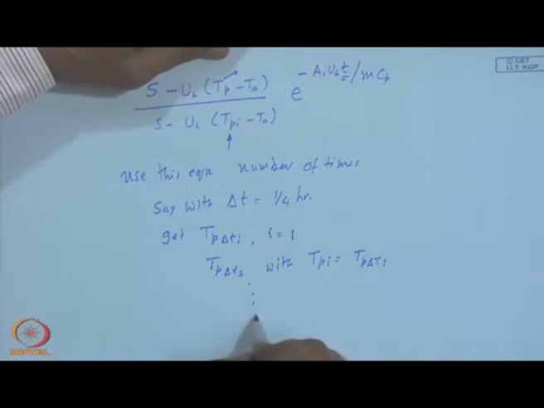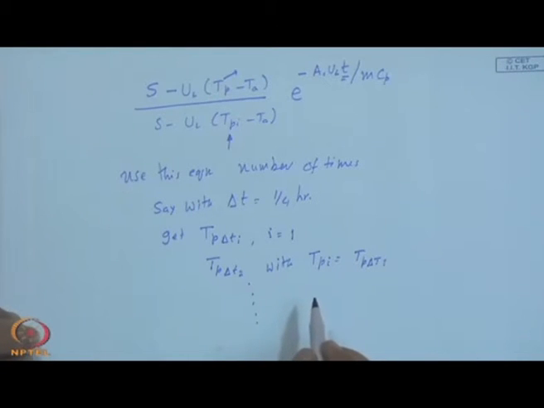So, like that you can continue, feed the temperature at the end of the time interval, T P of delta t, as the initial temperature for the next time interval and continue the procedure, and in that process take into account the variation of the solar radiation and the ambient temperature.